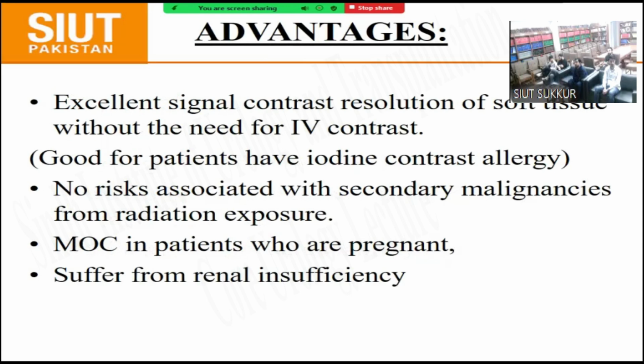Advantages of MRI are the excellent signal contrast resolution of soft tissue without the need for IV contrast. It is good for patients who have an iodine contrast allergy, with no risk of secondary malignancies from radiation. It is the modality of choice in patients who are pregnant and suffer from renal insufficiency, as in patients with renal insufficiency or end-stage renal disease, the contrasts are contraindicated.